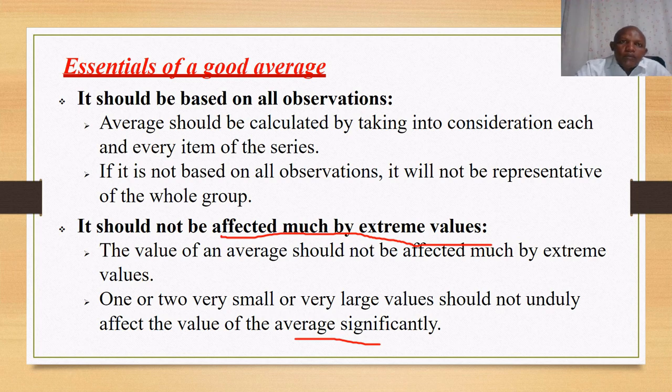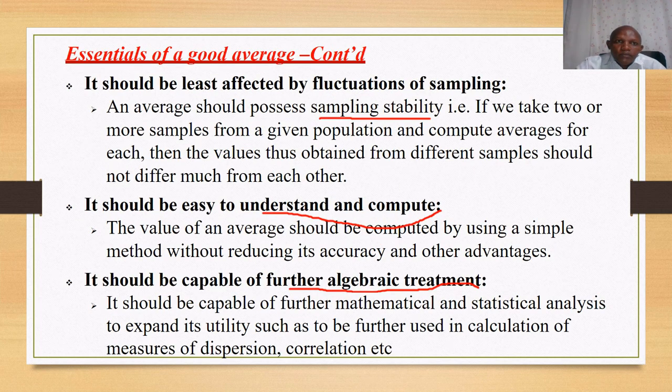You have to include all the values or observations when you're computing a good average. And then a good average should not be affected by extreme values. One or two very small or very large values should not unduly affect the value of the average significantly. That's what we mean by that statement.